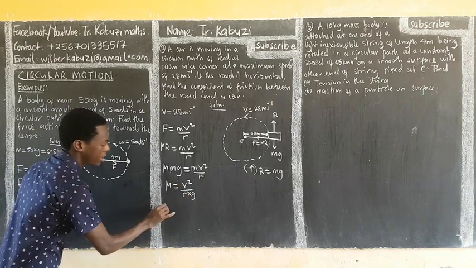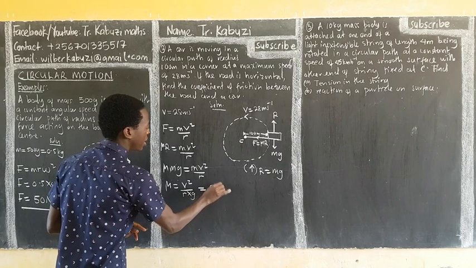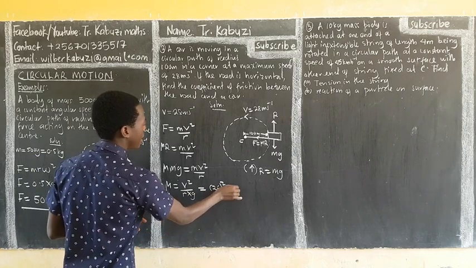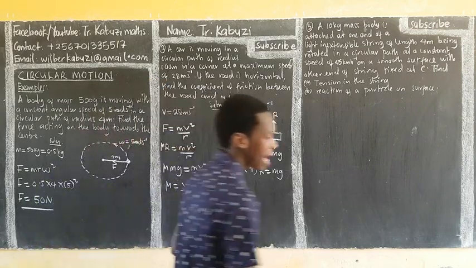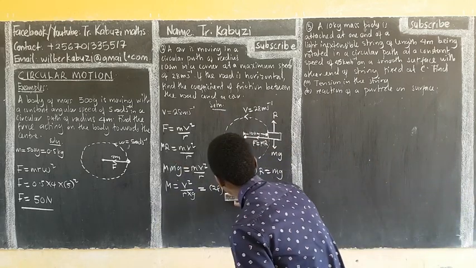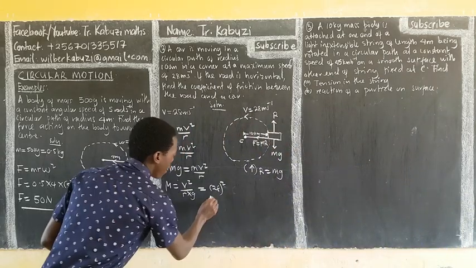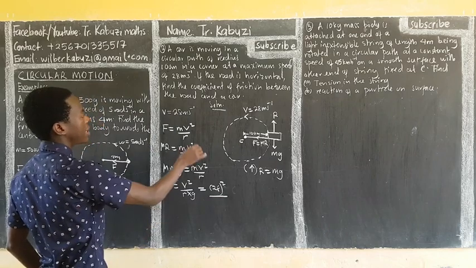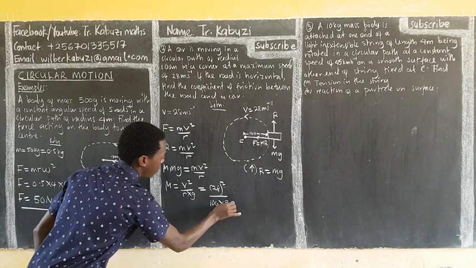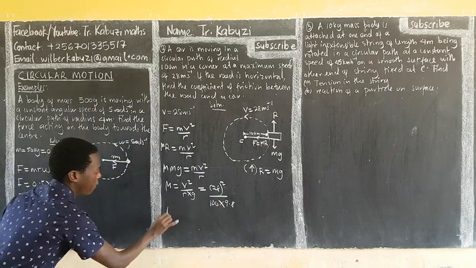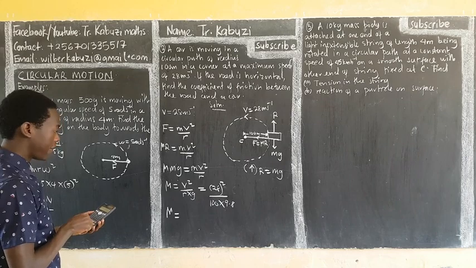If you substitute from here, our v is 28, the whole squared. We don't have any mass because it has simplified. Then over our radius, which is 100, times 9.8. So from here, our mu is going to be 28 squared divided by 9.